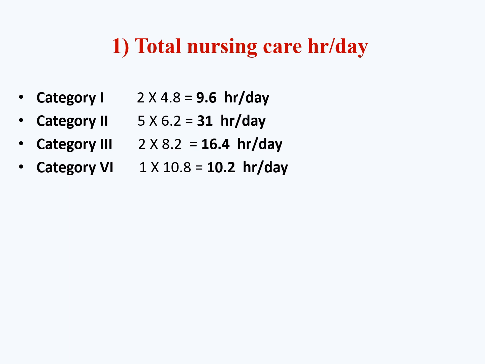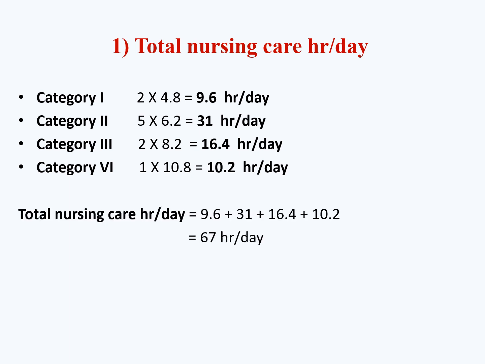Category 4: 1 by 10.8 equals 10.8 hours per day. The total nursing care hours per day equals the total nursing care hours added to each other: 9.6 plus 31 plus 16.4 plus 10.2 equals 67 hours per day.